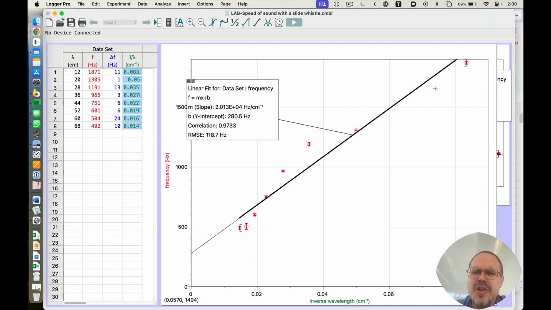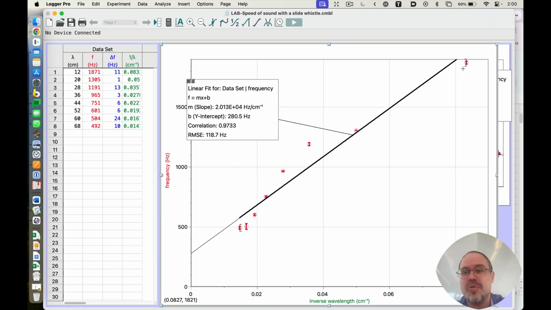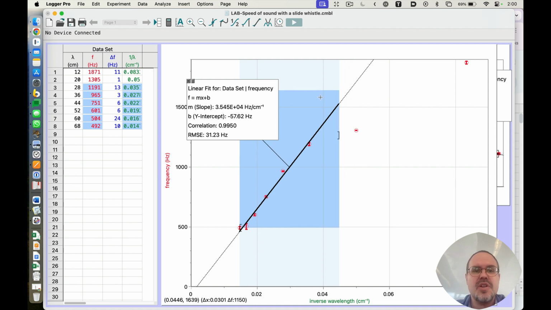And remember, the 2 data points, at least for me, that were bad were these 2, which are the shortest wavelengths. And now for the inverse wavelengths, they would be the largest numbers. So also, I want to ignore those numbers. Again, looking at our slope value, because now the slope value is going to be equal to the velocity. I'm going to drag this over sideways, not including those 2.